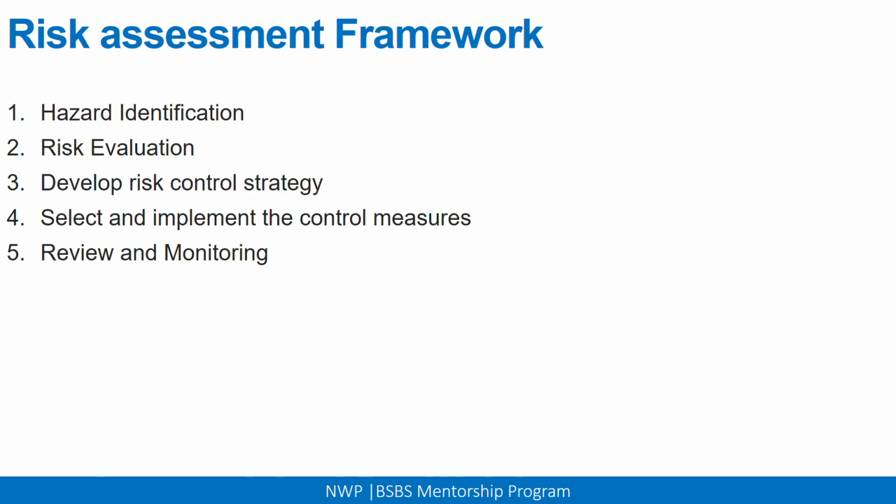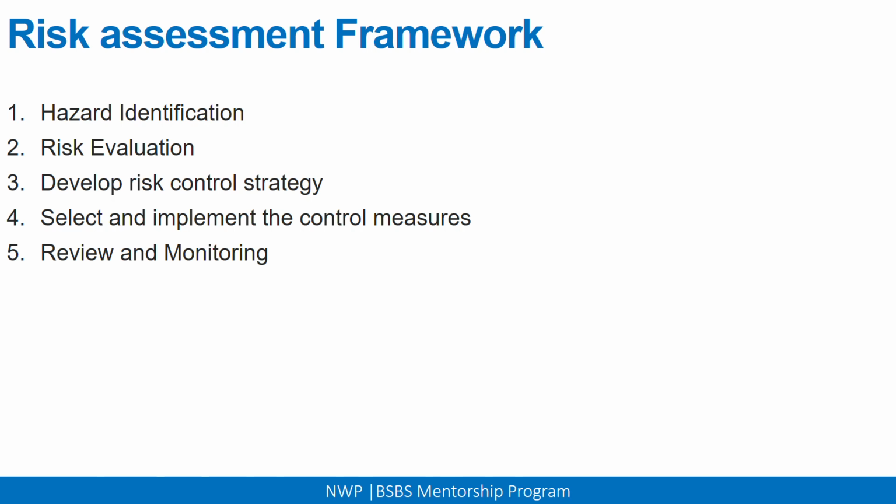So the first step in doing a risk assessment is what is known as hazard identification. So what is hazard identification? In hazard identification, what you're simply trying to do is identify the different hazards that are in your laboratory or institution.